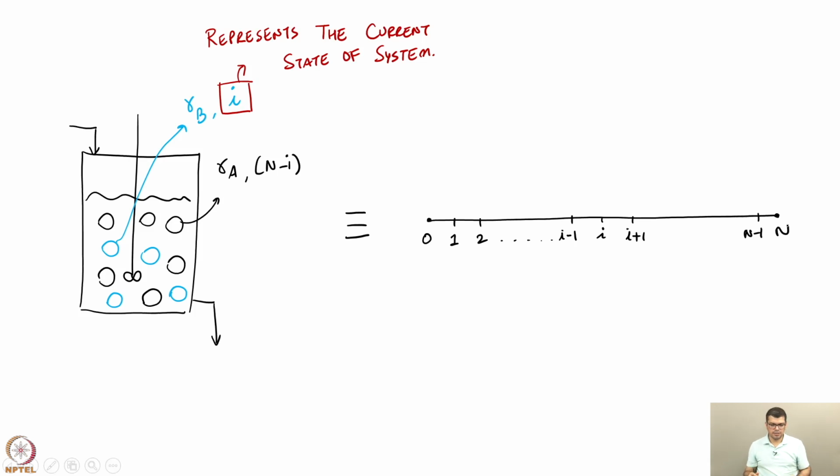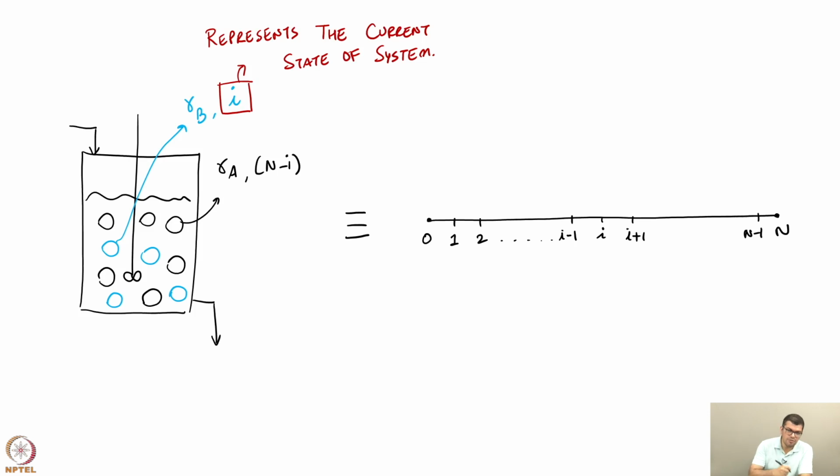If I have a number line like this, then you should immediately realize that the state of the system, the chemostat, could be in any position. That position can be represented by a point on this number line.